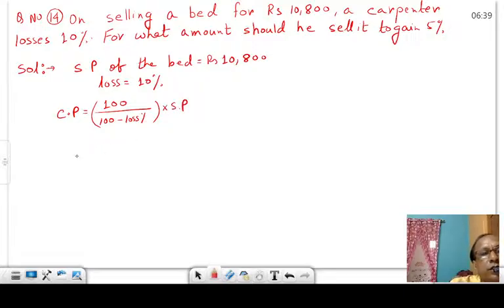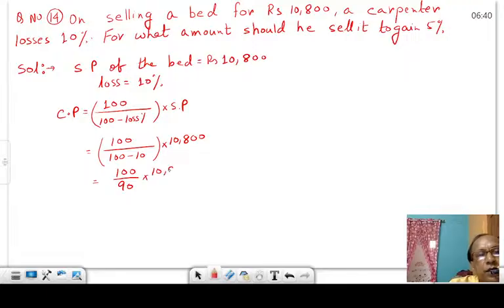Therefore, we'll put the values. It is 100 divided by 100 minus 10, into 10,800. Therefore, we are getting the value 100 by 90, into 10,800. Right? This zero will cut.